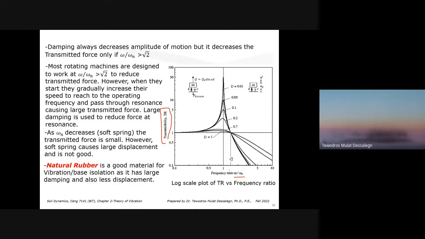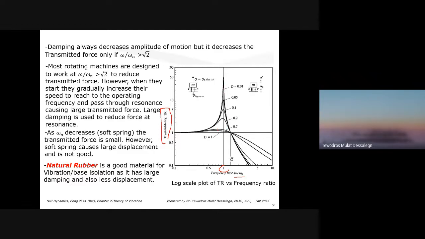The peak values are around a frequency ratio of 1, of course, close to resonance. Because of damping, they shift a little bit to the left. And see, as the damping value is smaller, the peak value of the transmissibility ratio is higher. The less damping, the more force passing to the soil.